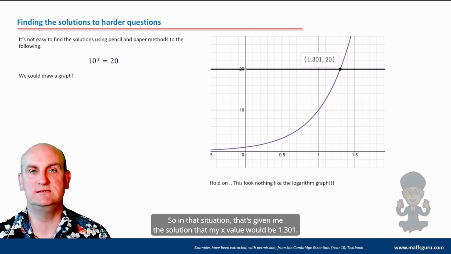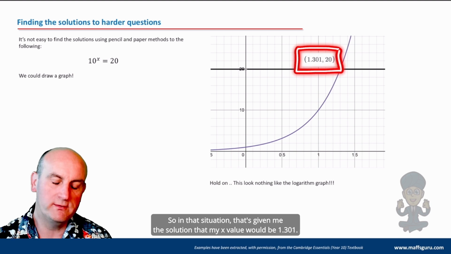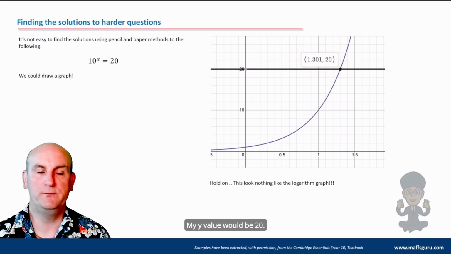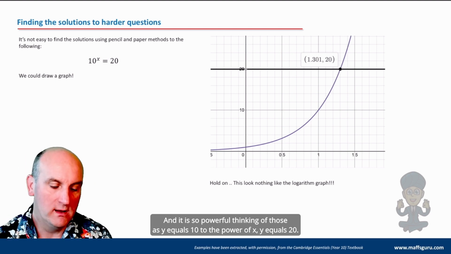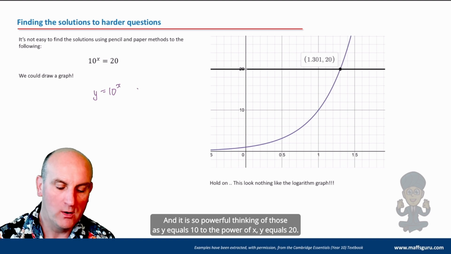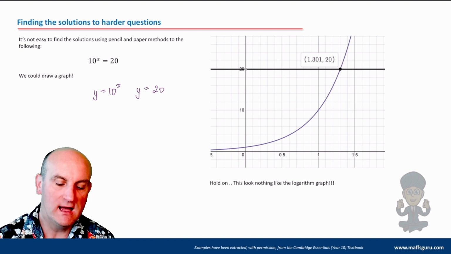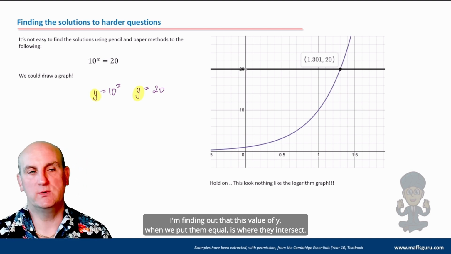That gives me the solution that my x value would be 1.301, my y value would be 20. It is so powerful thinking of these as y equals 10 to the power of x and y equals 20, and finding the value where they intersect.